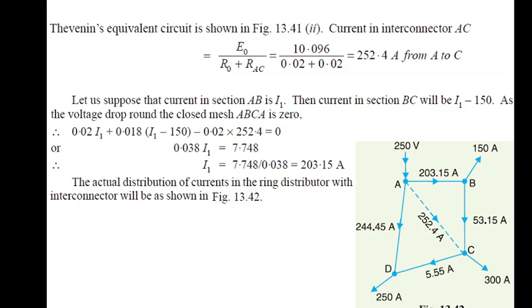Using this value, the current in each section of the ring can also be determined, as shown in the figure. So all of the currents have been found.